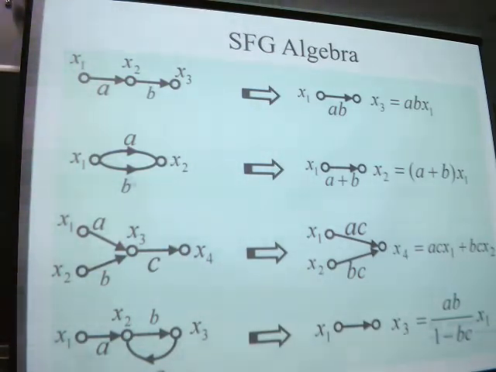For this type of connection, parallel, the gain is A plus B. For this one, the gain is AC plus BC. And for this X1, the gain is AB by 1 minus BC. This feedback is positive feedback.